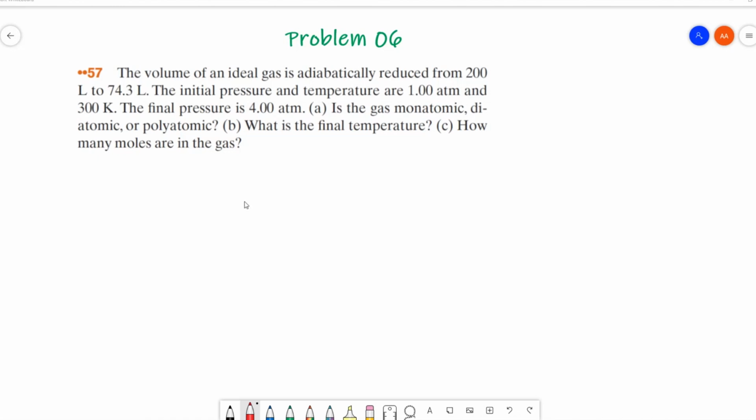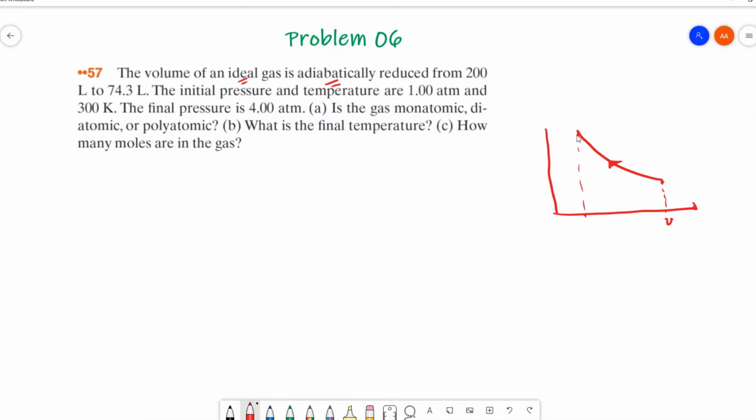The volume of an ideal gas, so it's an ideal gas, is adiabatically reduced from 200. This word is very important: ideal gas and adiabatically. If I make a graph, we have some point here, and if we go in this way, we have some volume here, and here the volume becomes smaller.